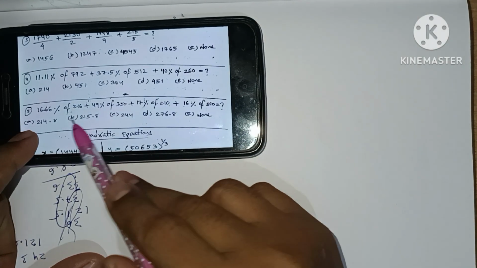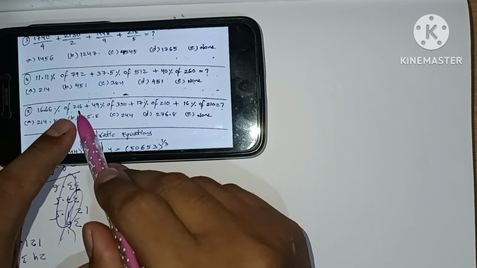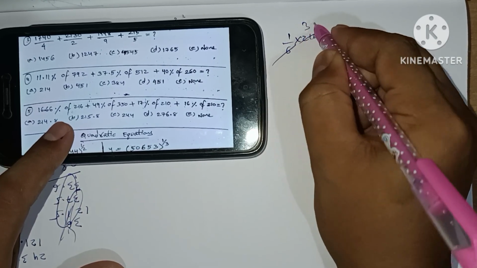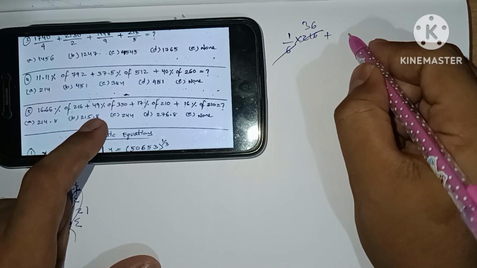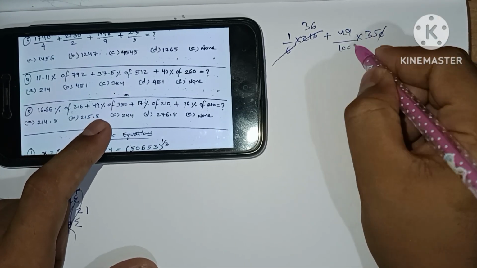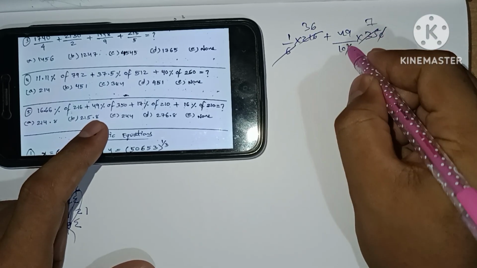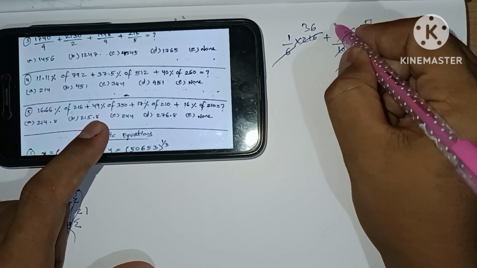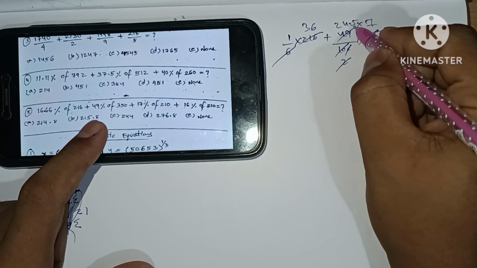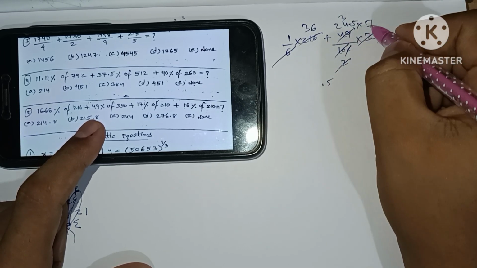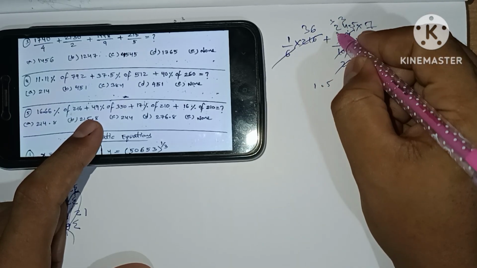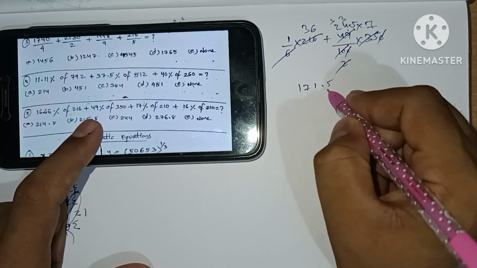Now question number 5. 16.66% of 216 means 1/6 of 216, which is 36, plus 49% of 350. This will be 7 times and this will be 2 times 24. 4.5 times into 7, 7 5 times 35, 7 4 times 28 plus 3 is 31, so 171.5.